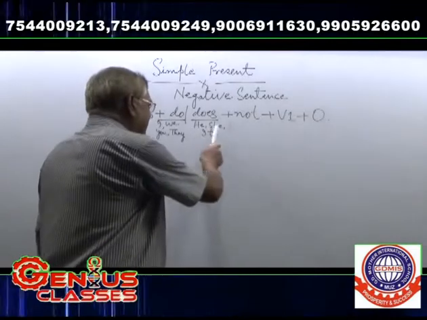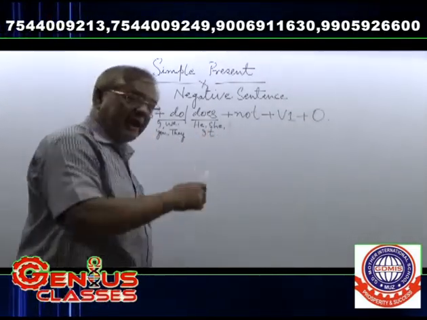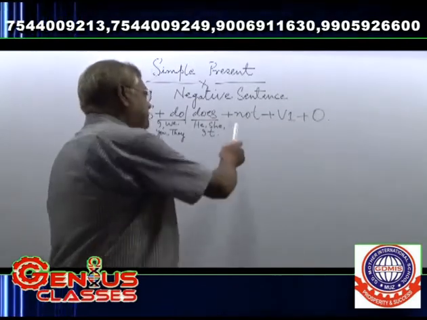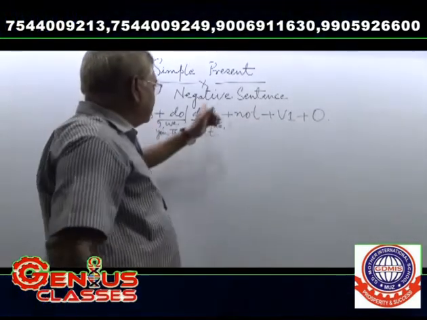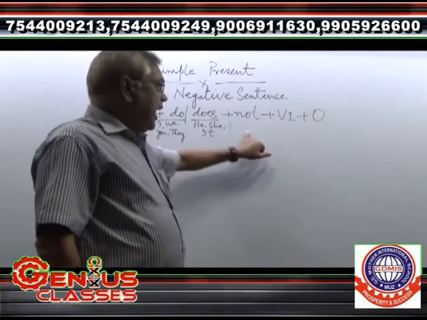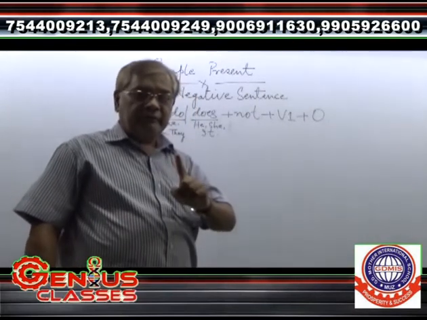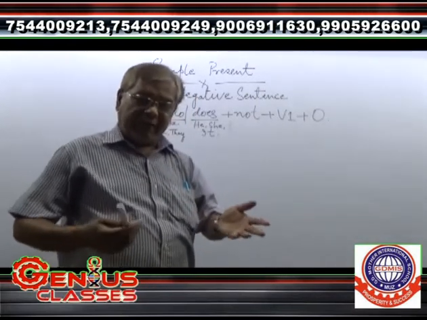Whereas these are the singular numbers, and for this, does as a helping verb is used, plus not. Because this is a negative sentence, the word not should be used, and only the first form of the verb, the main verb.